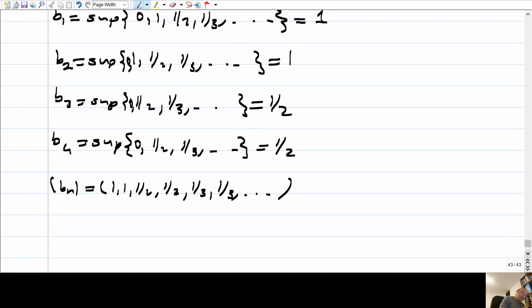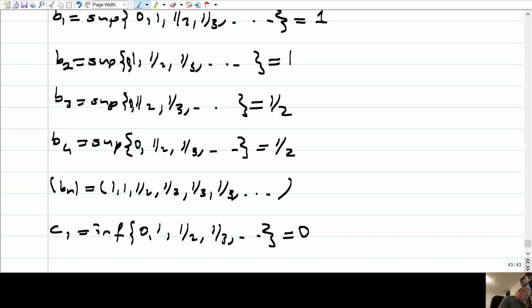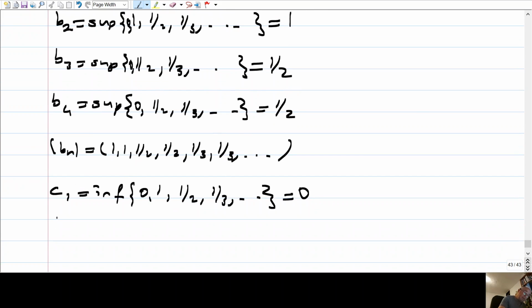What about Cn? C1 will be the infimum of this set: 1 over 2, 1 over 3, and so on, and 0. So the infimum is 0. What about C2? It will be the infimum of, I will start from the second element.